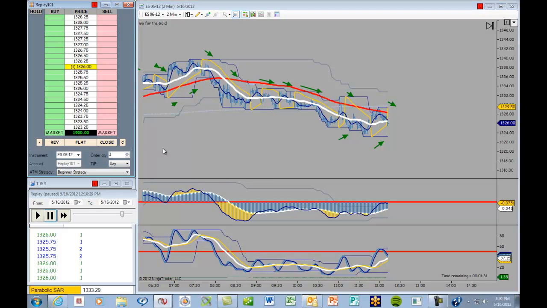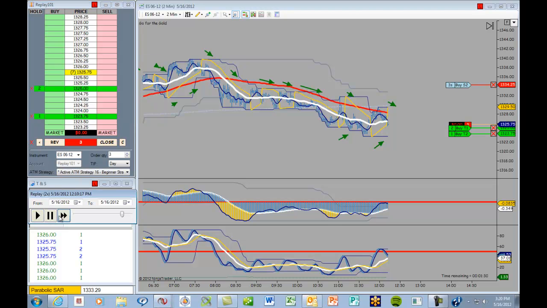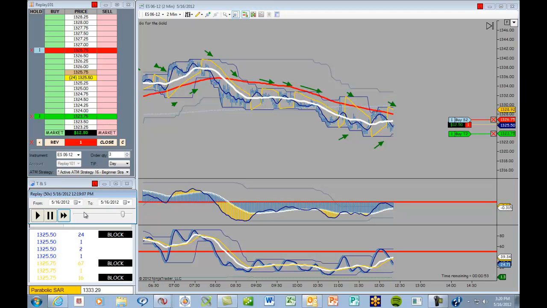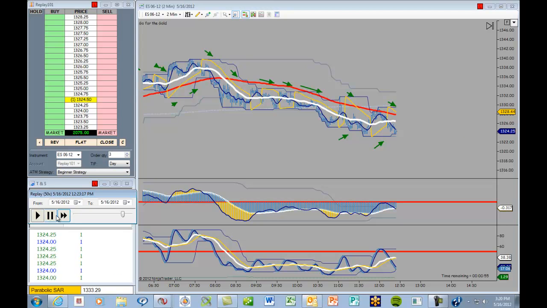This is a with the trend trade, so these we certainly want to take. This was actually a potential 1, 2, 3 bottom here.